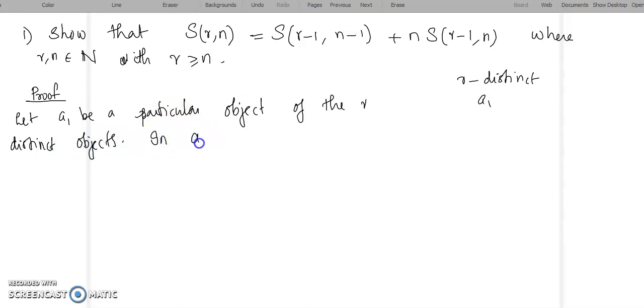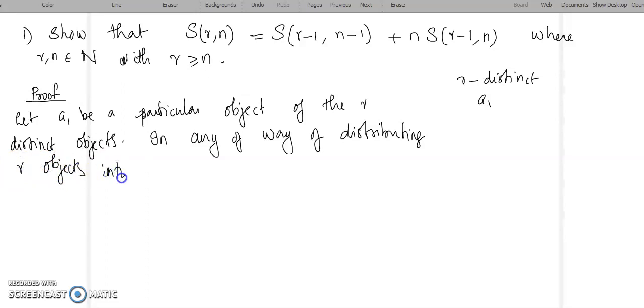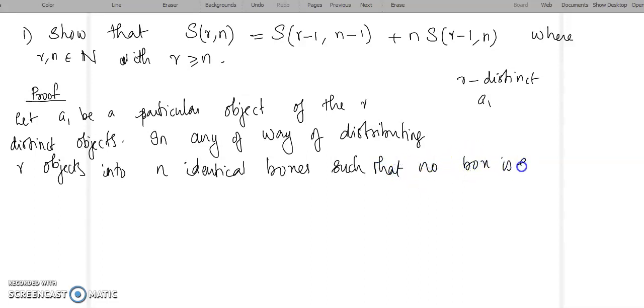In any way of distributing r objects into n identical boxes such that no box is empty, either A1 is the only object, so let us take it as case 1.